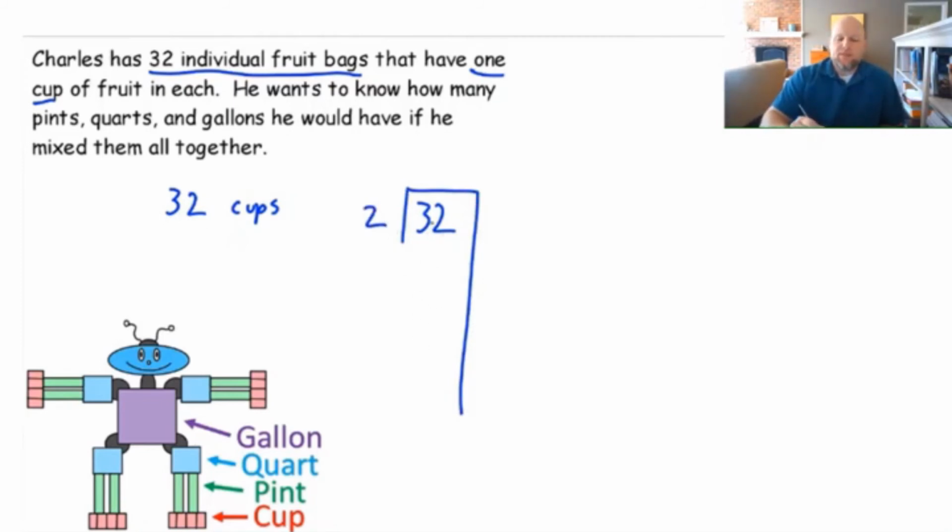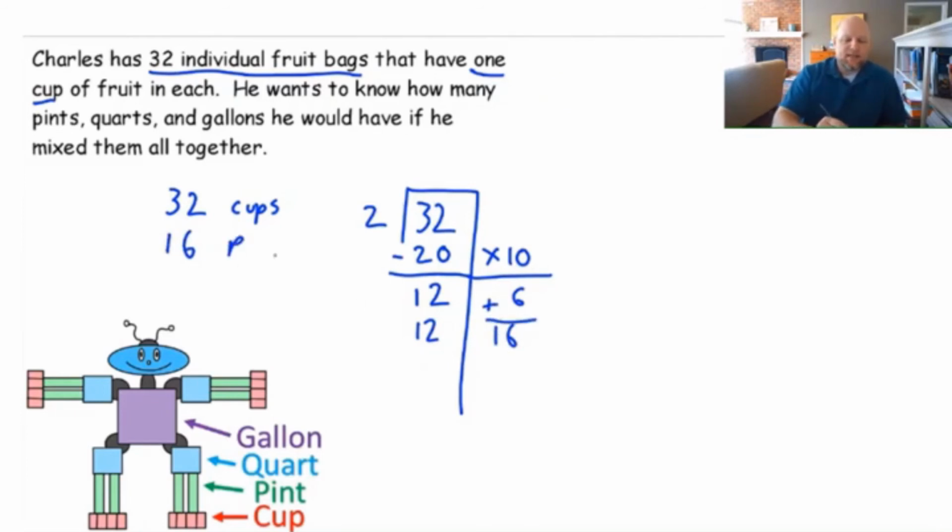The first one is pretty easy. 2 times 10 equals 20. So we'll subtract that, and that gives us 12, and 2 times 6 equals 12. That means in 32 cups we have 16 pints, because we add these together.